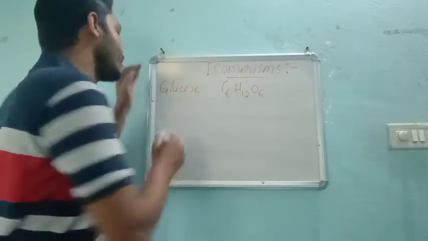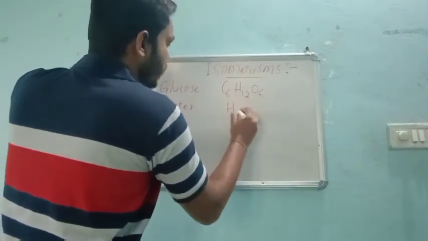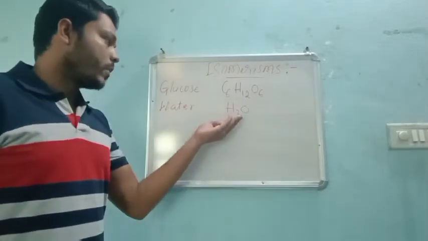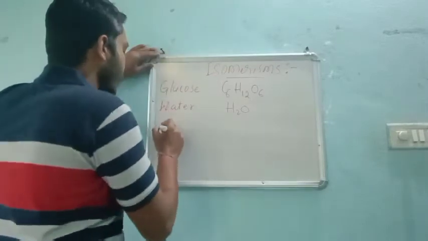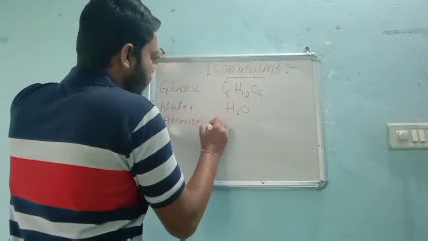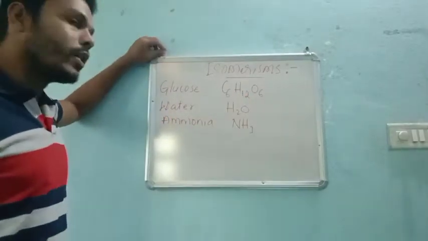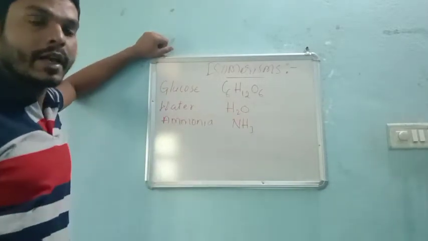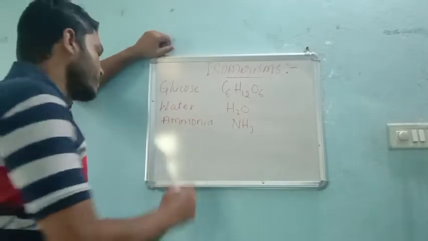If I ask what is the molecular formula of water, what will you say? H2O. Ammonia: if I say ammonia, what will you write? NH3, because ammonia has a molecular formula with N being 1 and H being 3.